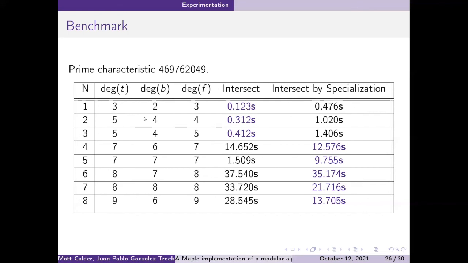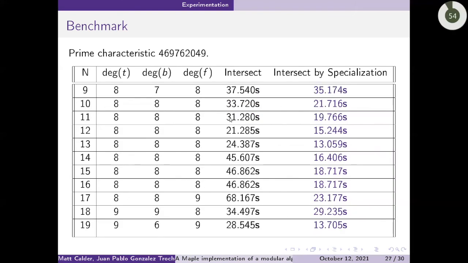And we can see that when we have smaller degrees, the Intercept algorithm is always faster. But the higher the degrees are, we see that we start getting more and more examples in which the modular Intercept is faster than the Intercept of Maple.